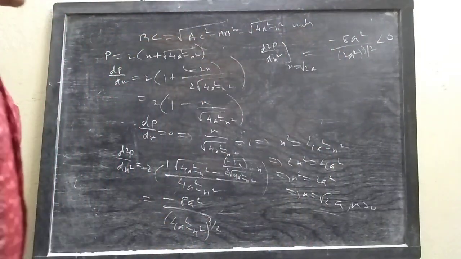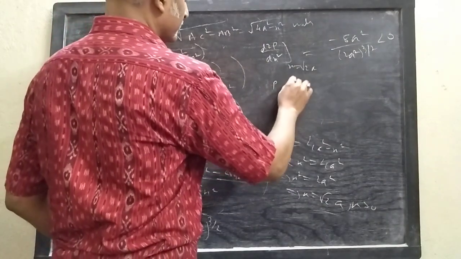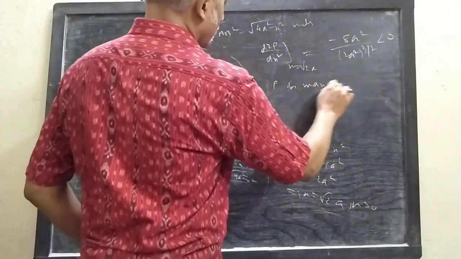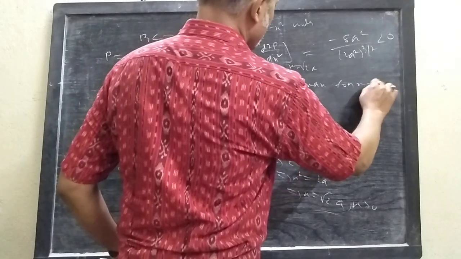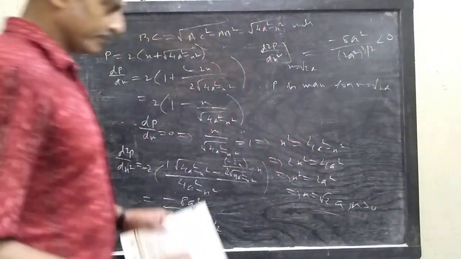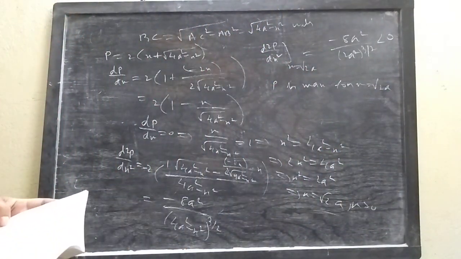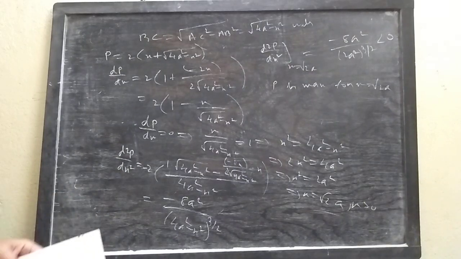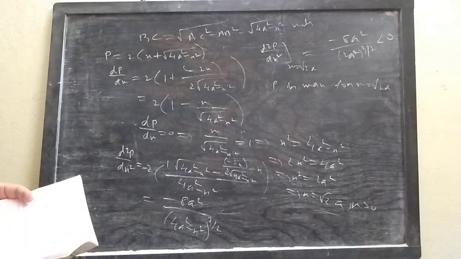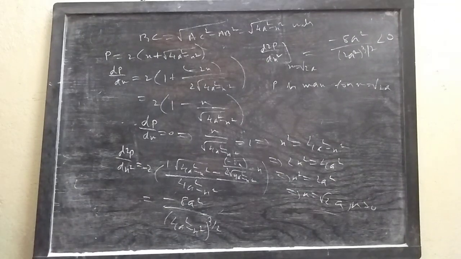This is less than 0. Therefore, P is maximum for x equals root 2 a. The rectangle of maximum perimeter will have side root 2 a.